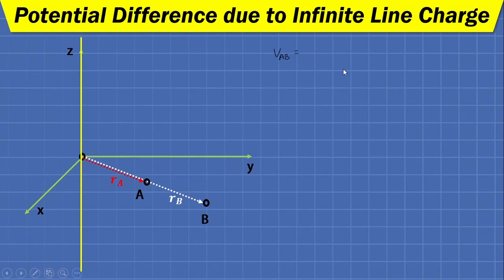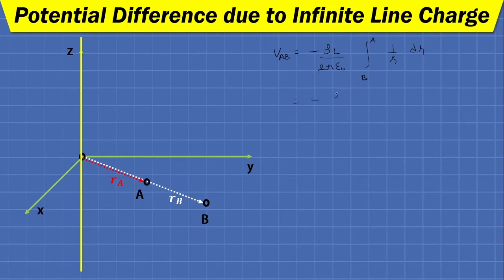So we will have negative of rho L upon 2 pi epsilon naught come out as a constant, integration from B to A, 1 upon r with respect to r. Now the integration of 1 upon r is nothing but the natural logarithm of r.